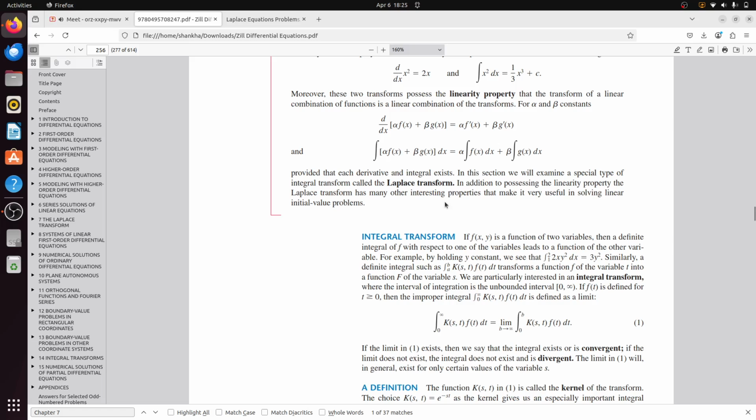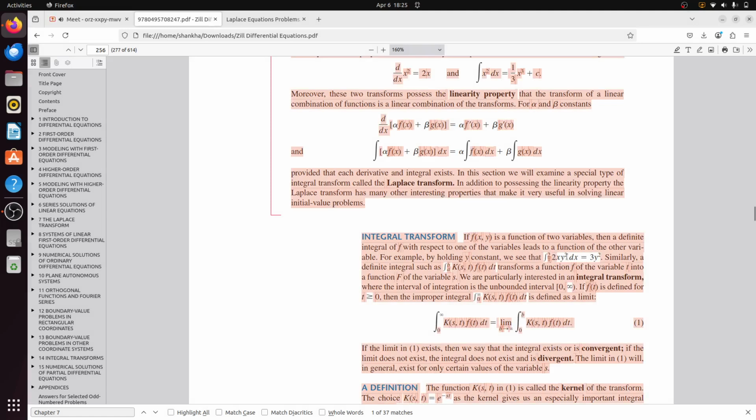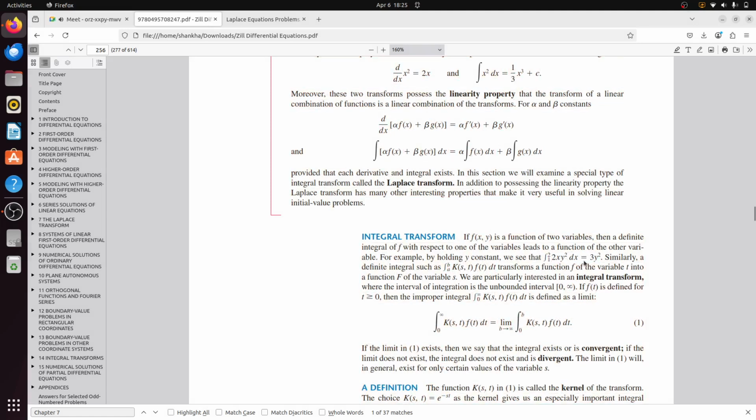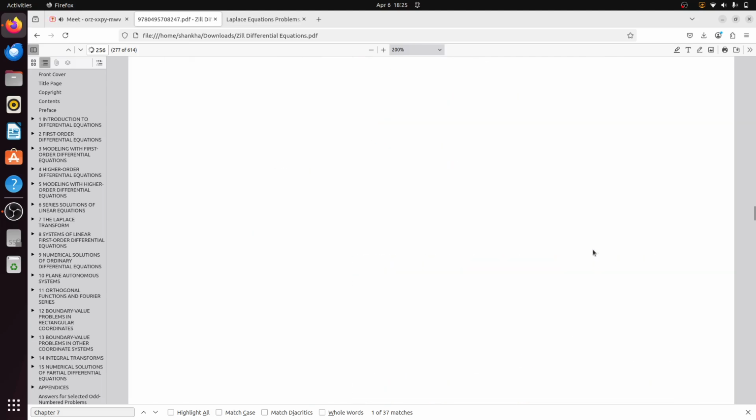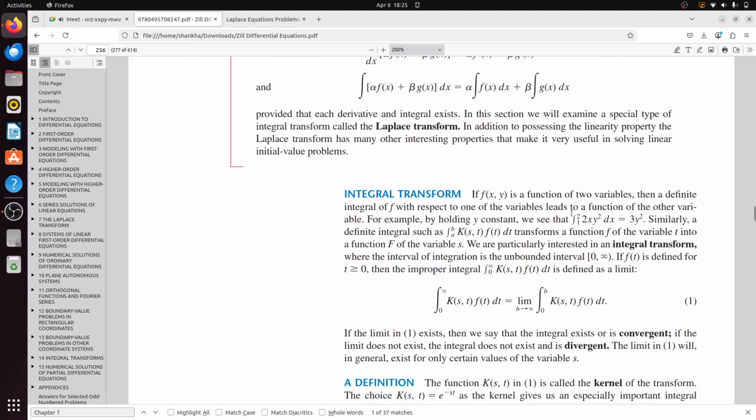Laplace transformation is basically a special type of integral transformation. Now what do we mean by saying integral transformation? Consider this integration: the integral from 1 to 2 of 2xy² dx equals 3y².